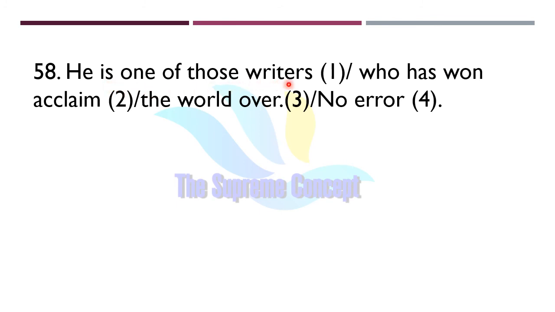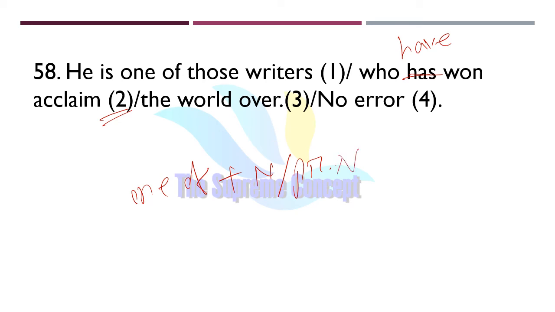He is one of those writers who has won acclaim the world over. So find out your answer. Yes, error lies in part number 2. We will use the plural verb form, that is "have". There is a rule here: when "one of" is followed by a noun or pronoun, then that noun or pronoun is regarded as the antecedent, and the verb form will follow the antecedent.